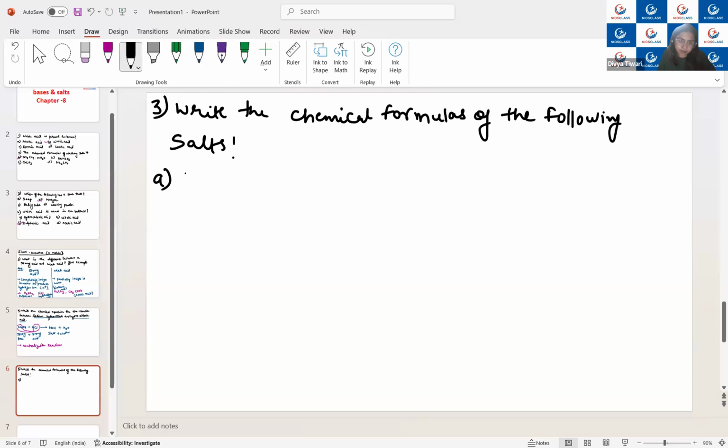First option you are given with common salt. You can also find this question in the MCQ as match the following. Then washing soda. Third you are given with baking soda.